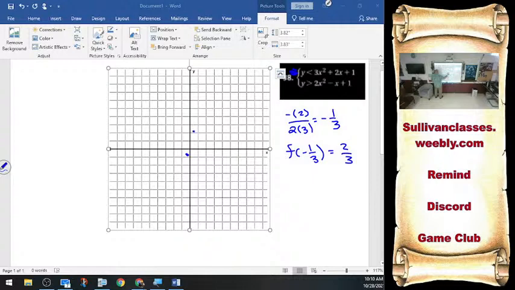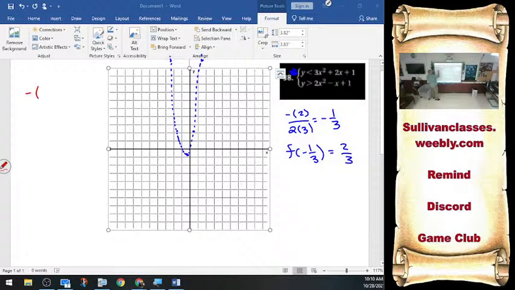Over 2 up 12, not 4. So it's a skinny one. Solid or dotted? That's ugly, but whatever.